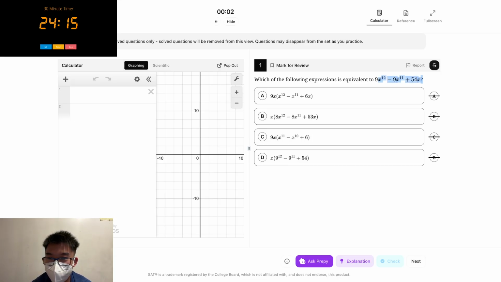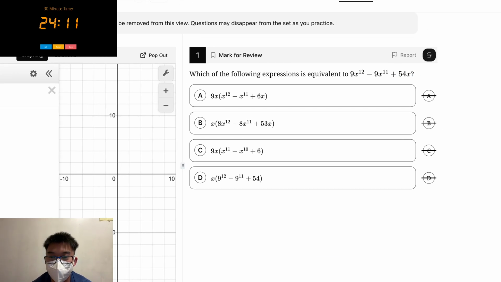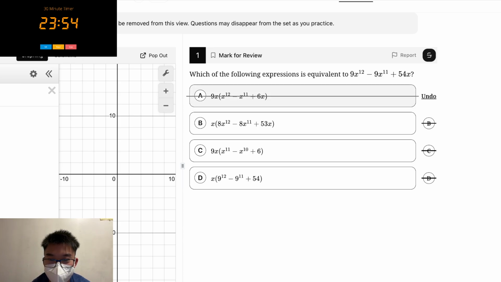Here's a similar question. What is equivalent to the expression 9x minus b? So we can simplify this first. Oh no, we cannot simplify this actually. First of all, this is incorrect because 9x plus x2 is going to be 13.